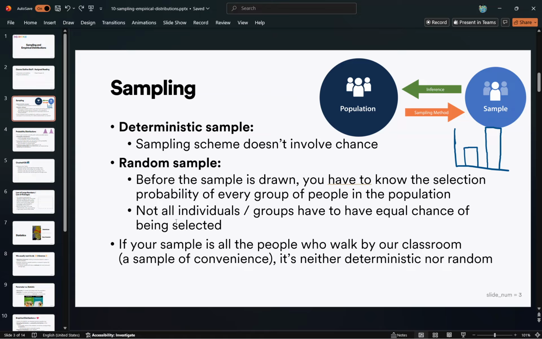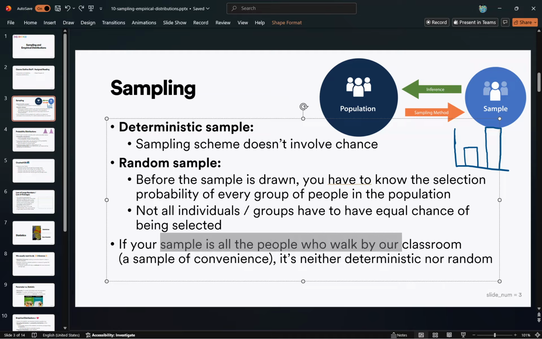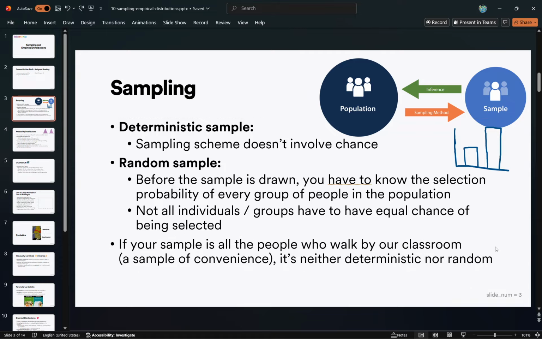There are some samples that are neither deterministic nor random. For example, if your sample is everybody who walks by our classroom door. That wasn't deterministic because it depends who was here today, and it wasn't random either because we didn't know the probabilities up front.